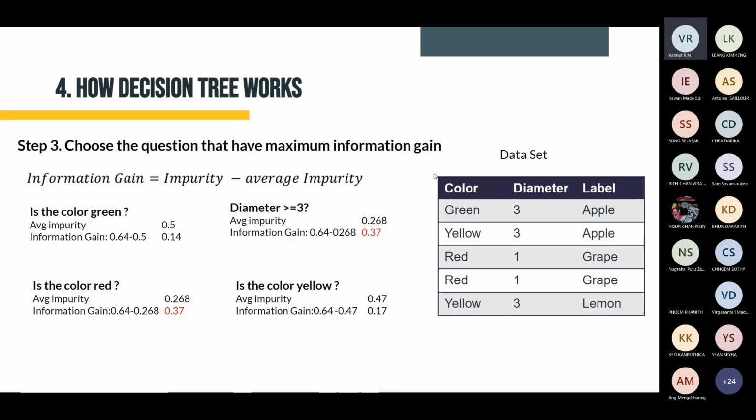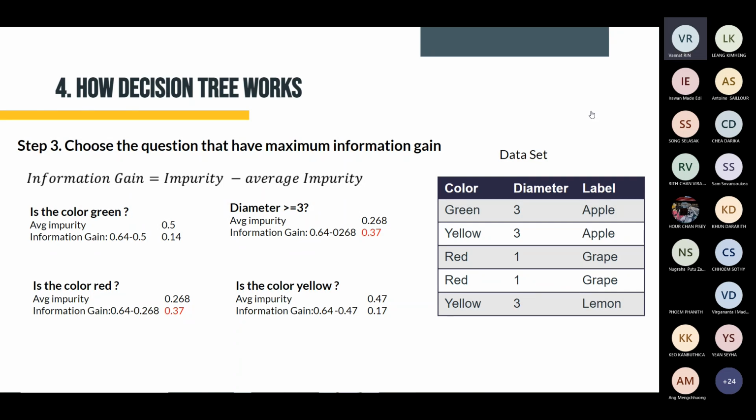So you said that it is based on the question you might ask. In your example, you have only two features, which are color and diameter. If I have multiple features, how many questions should I ask?